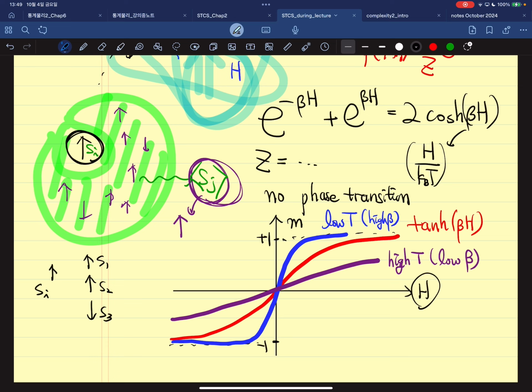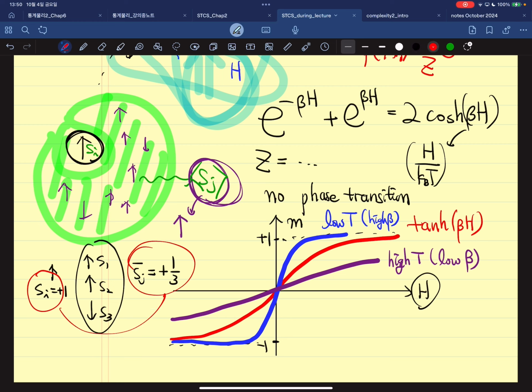If you take the average of this, let's say it's the up spin, two up spins and one spin down. So you want to treat this as a third spin. And one easy way to solve this problem is just considering this plus one spin, this plus 1/3 spin.